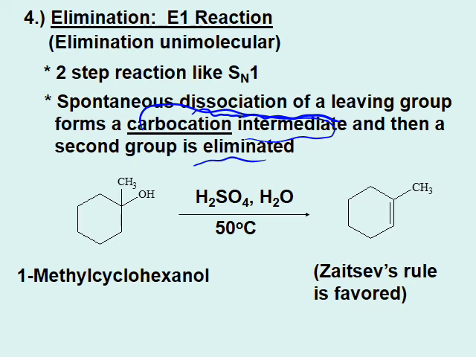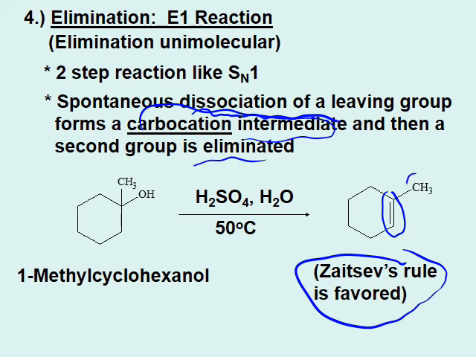And product formation is guided by Zaitsev rule. More branching gives you greater stability of that compound. In other words, nature favors more branching of the alkene. By more branching, I mean if this is an alkene, you'd be looking at what other group is bonded to the double bond other than hydrogen.